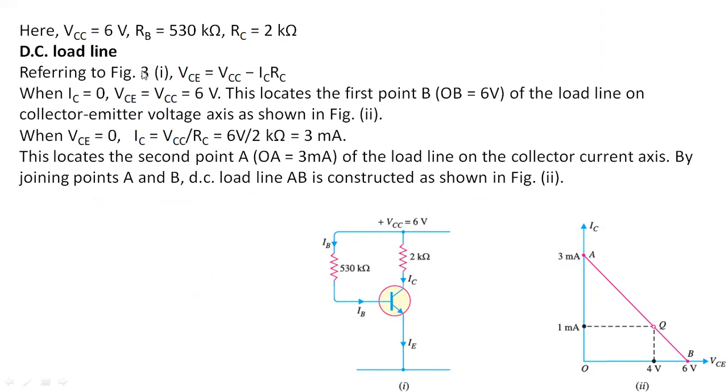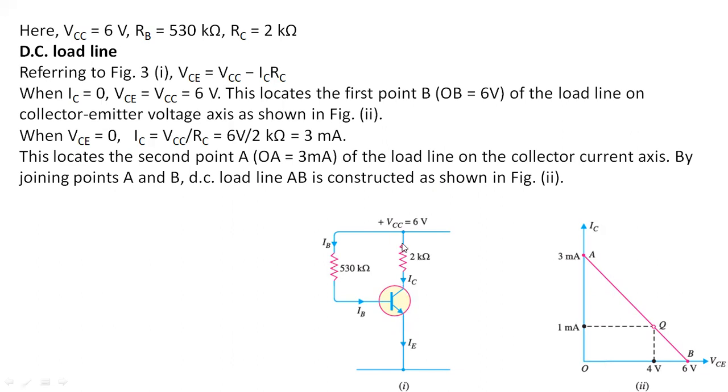For calculating this, we have to apply Kirchhoff's voltage law along this circuit, from VCC, through the resistor RC, then the collector to emitter voltage, to ground.